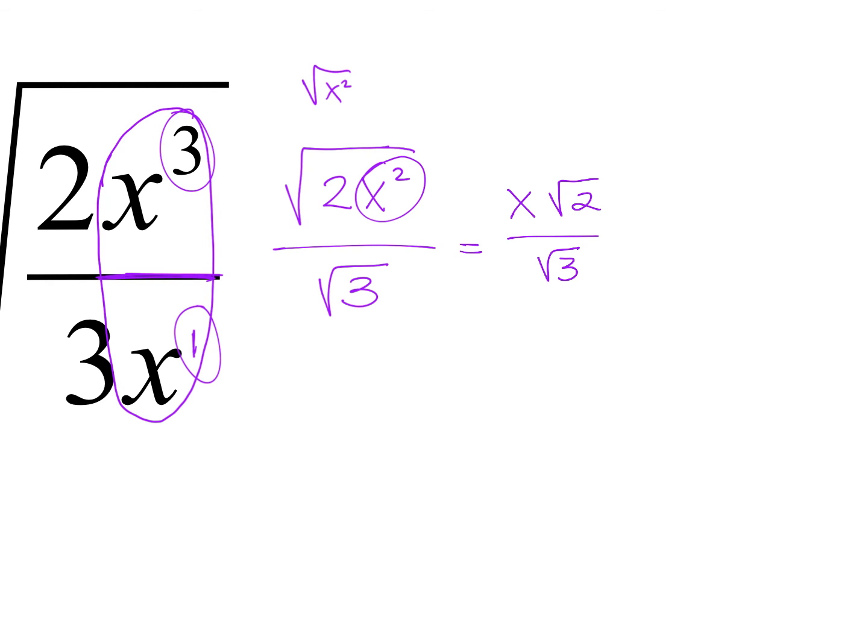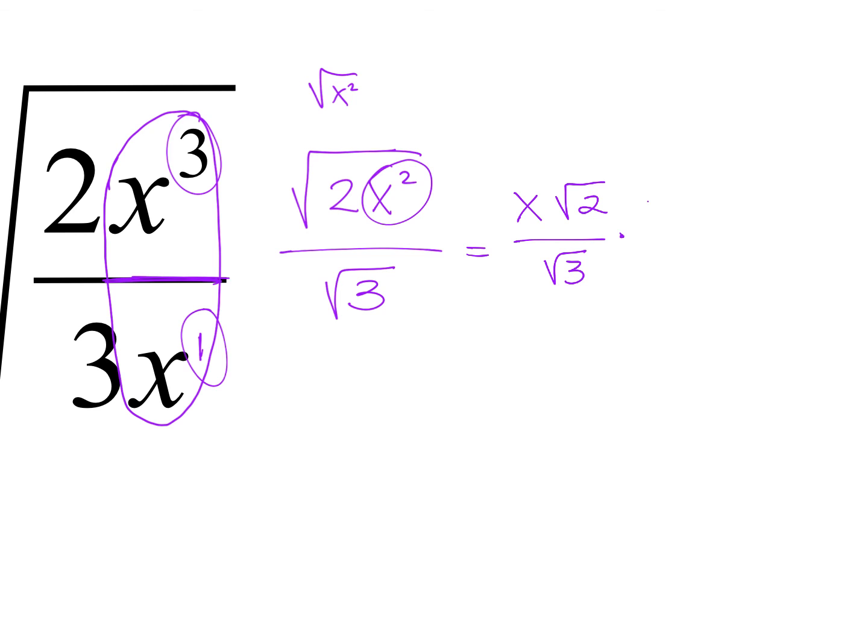What do we have to do still? How do you get that radical out of the denominator? Square root of 3 over square root of 3. That's the one. Yeah, we're going to multiply by rad 3 over rad 3.